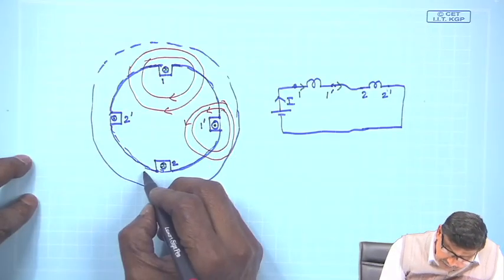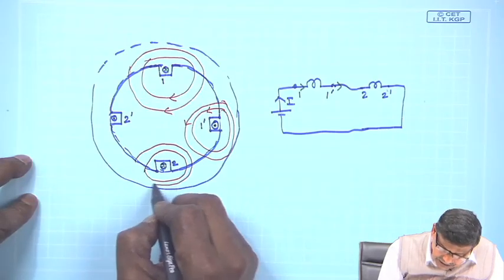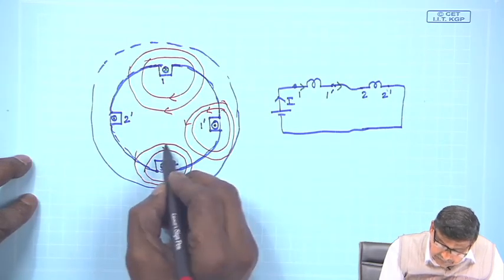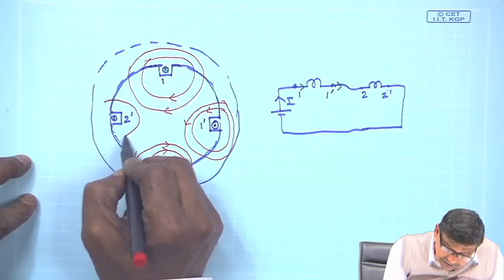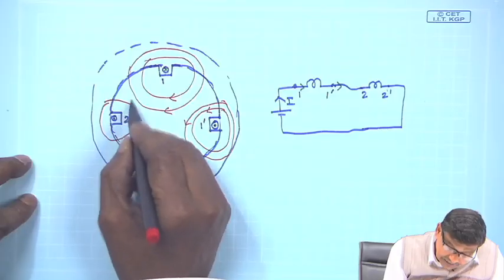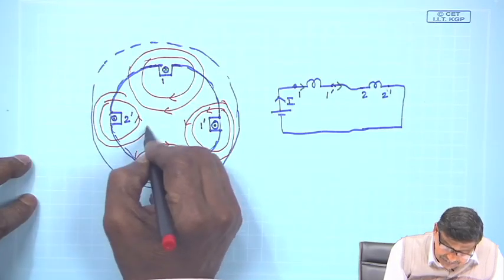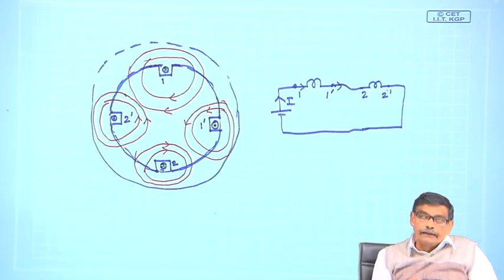This cross current will produce lines of force like this. I am just drawing two representative ones. And this 2 dashed, which is a dot current, will produce lines of force like this.